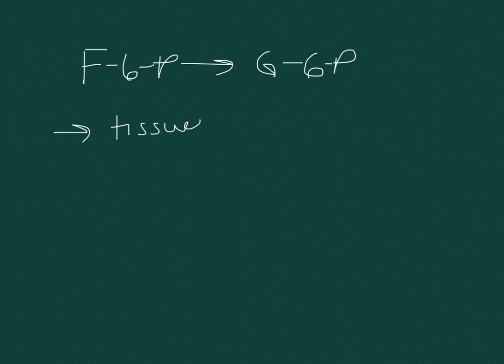Alright, once we've made fructose 6-phosphate, it's readily converted to glucose 6-phosphate. Now, for most tissues that do gluconeogenesis, such as the kidneys and the liver, okay, glucose 6-phosphate is the final stop.